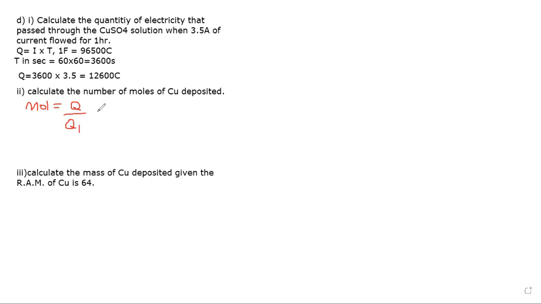So if you want the moles, it's Q over Q1. Q is the quantity of charge. Now to get Q1, I am going to write the balanced equation, which we already did. So if you remember, let me just do it again.